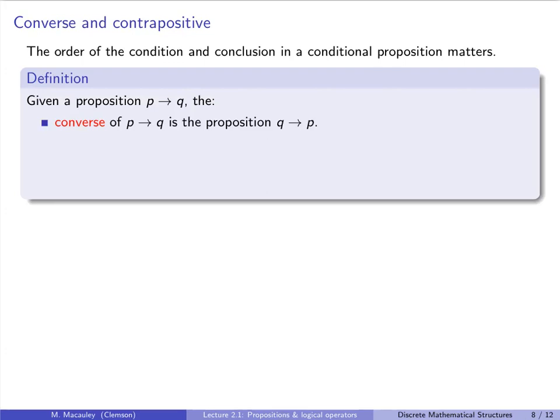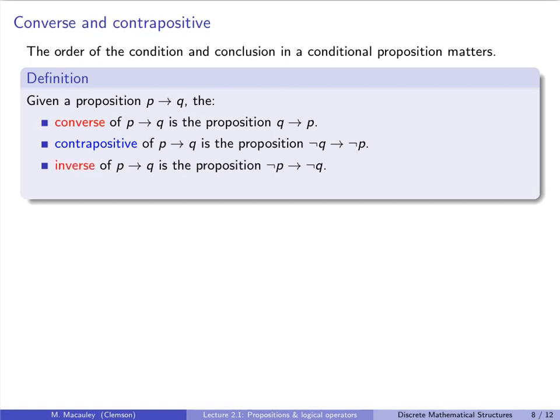Given a proposition, P implies Q, the converse is the proposition Q implies P. The contrapositive is the proposition not Q implies not P. The inverse is the proposition not P implies not Q. And the negation of P implies Q is what you get when you just stick a negation symbol in front of it. So it's not (P implies Q).